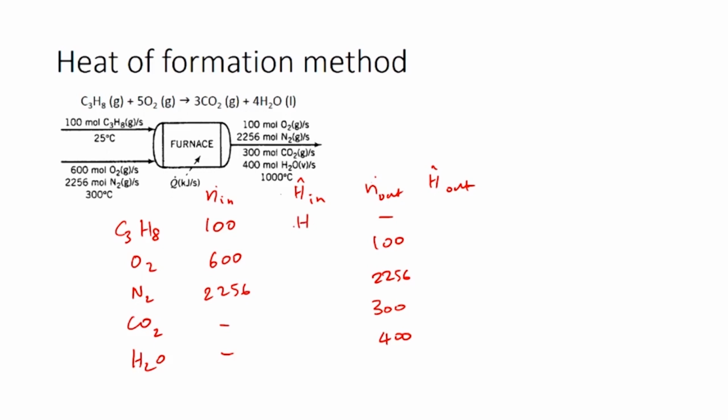So, let us for the time being not worry about the temperature. We will just assume all these temperatures to be at 25 degrees Celsius only. As I said, we are not worried about accounting for the change in temperature, because that is anyways accounted for in both techniques the same way. We are only interested in knowing how the reaction itself is accounted for. So, we will assume these components to also be at 25 degrees Celsius.